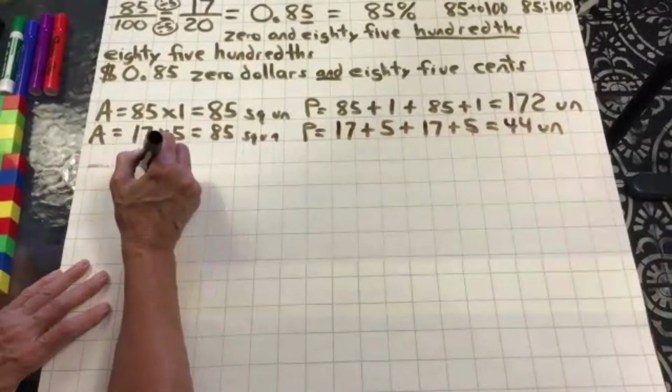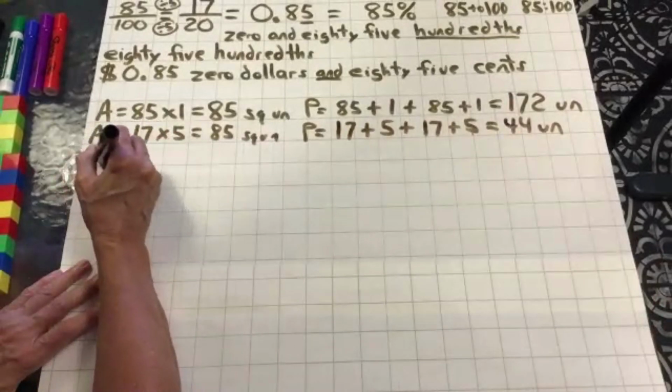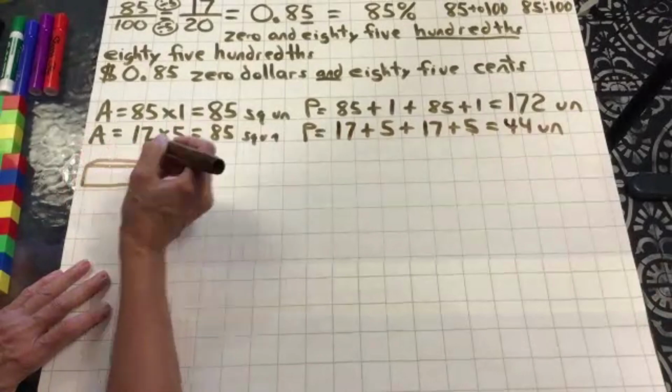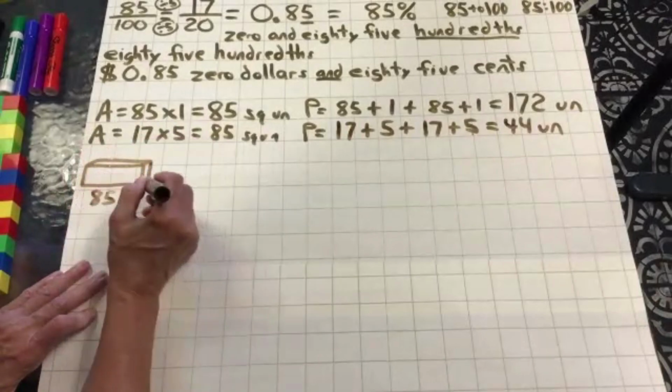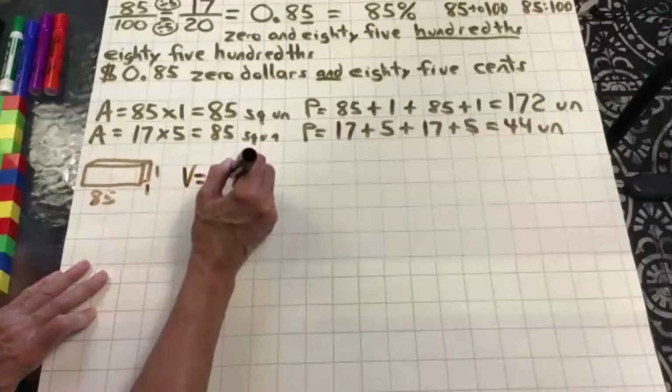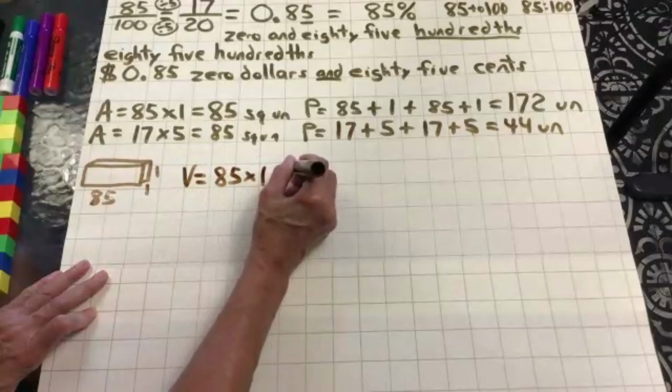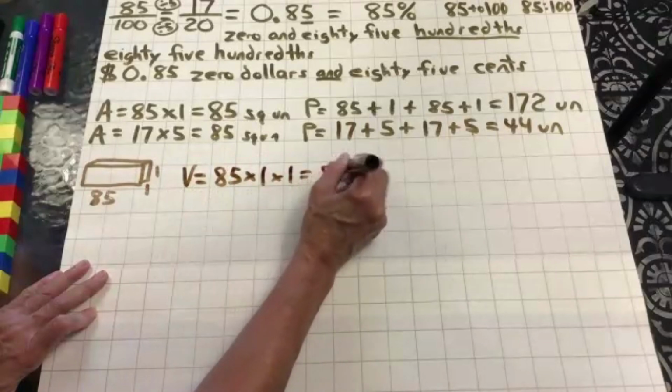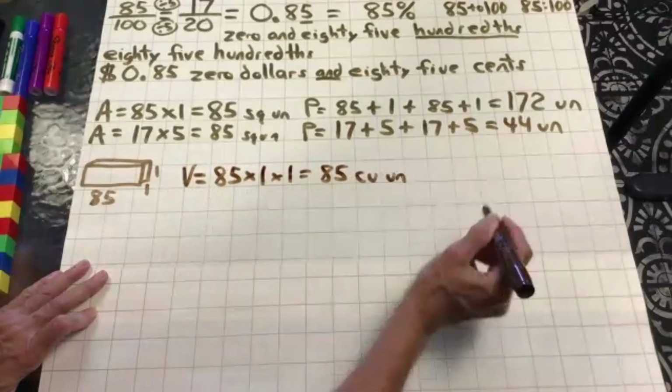So if I have, and I'm going to draw today, if I have 85 wide by 1 deep by 1 tall, my volume would look like this: 85 times 1 times 1, which equals 85 cubic units.